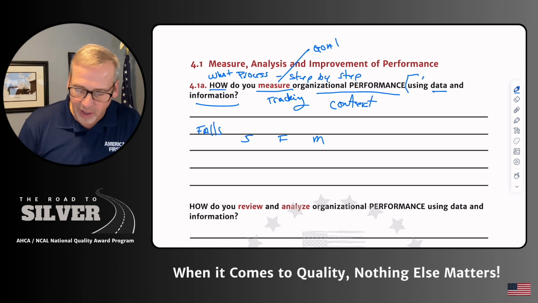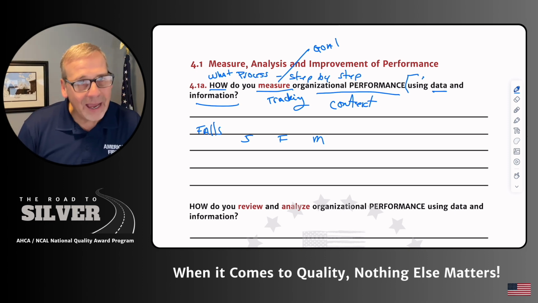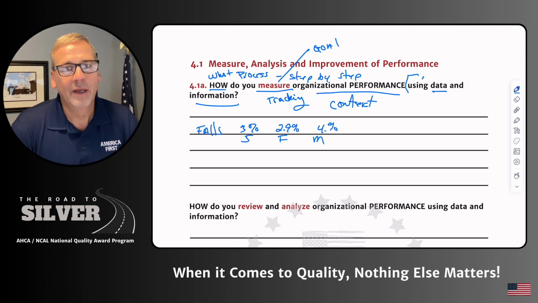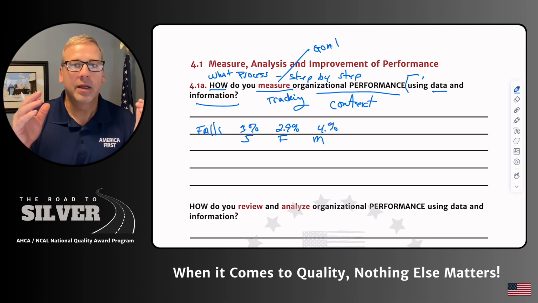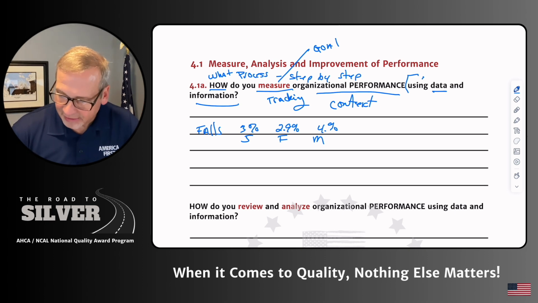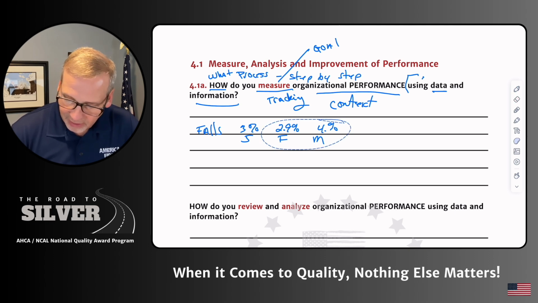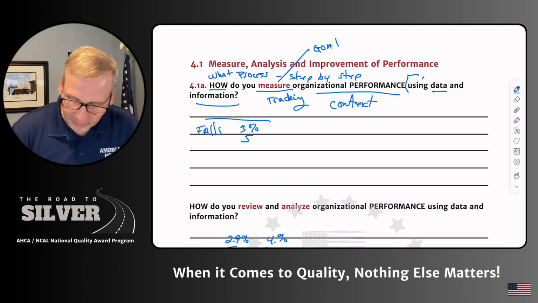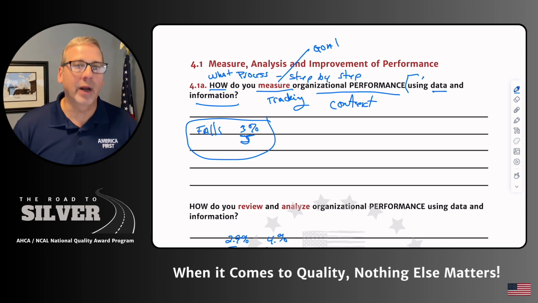And so for falls, let's say that I was tracking my falls data for 3 months, and I had 3%, and then I had 2.9%, and then I had 4%. That's data, right? But one data point by itself, if I were to just pull that away and look at falls for January, I'm at 3%.